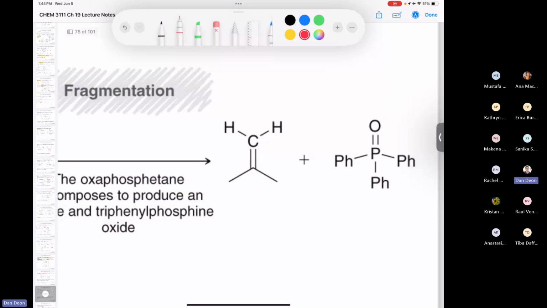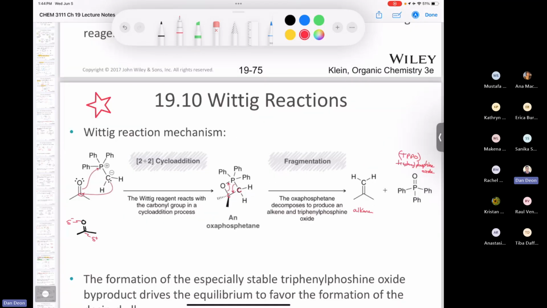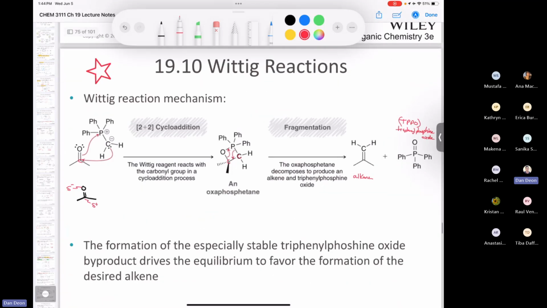So we end up with an alkene, and we call this triphenylphosphine oxide. Triphenylphosphine oxide, or for short, we call it TPPO. Triphenylphosphine oxide. It's really the bane of organic chemists. It's very difficult to get rid of triphenylphosphine oxide from a reaction mixture.